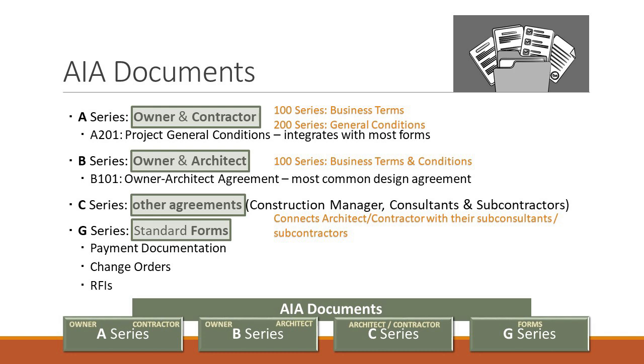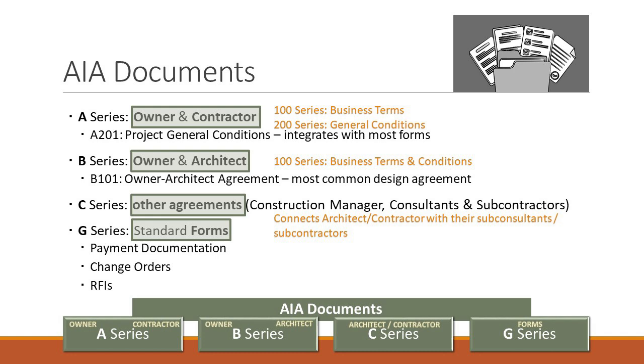Those are the B series. It's just a weird thing that I think about, like, well, if you guys are doing these documents, why wouldn't you guys be the first, the A series, and the contractor be the B series? Doesn't matter. For purposes of all agreements between owner and design professionals, those are the B series. And the B101 is, again, the most common agreement there.